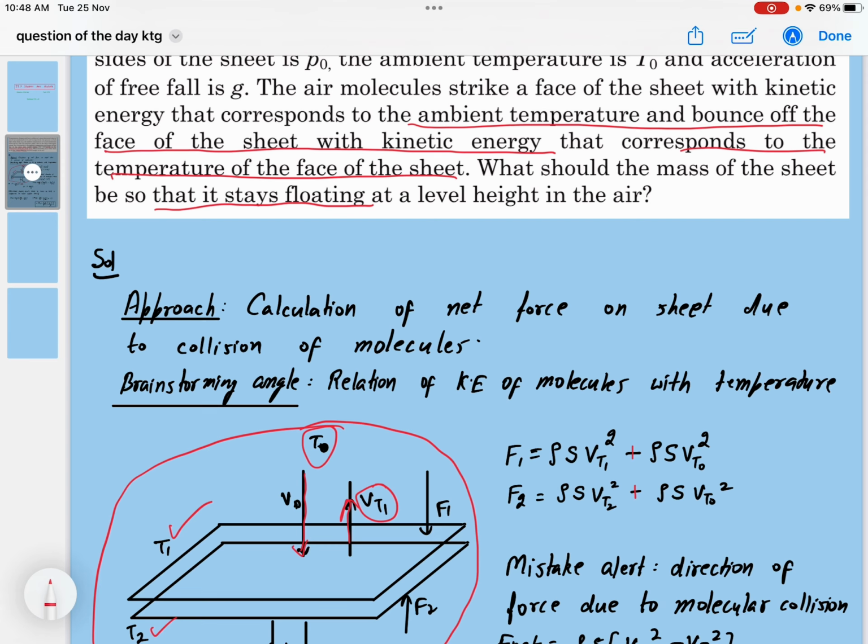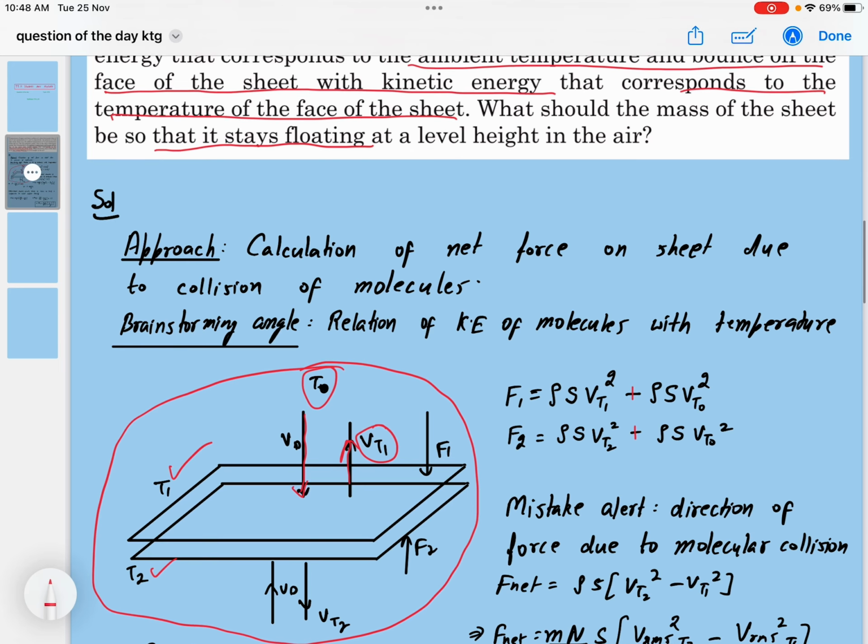If any molecule is striking the surface, we know the expression of thrust force: rho A v square. Here we have to see the direction properly, because that is a mistake alert. I have seen that students make mistakes in sign convention only.